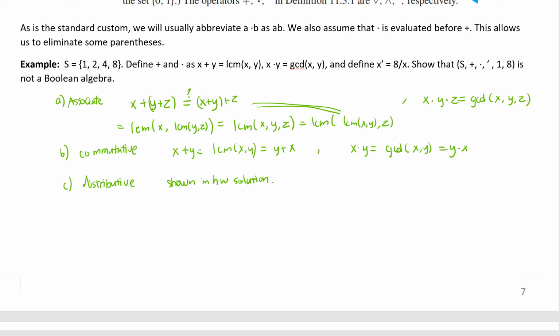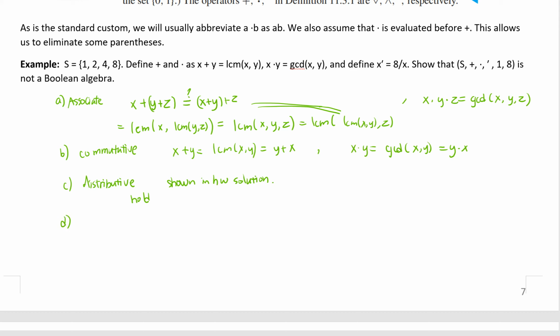So in this example, associative law holds, commutative law holds, distributive law also holds. And I have written down the complete proof in your homework solution. You have a homework similar to this problem. Try to work on it first, and then you can look at the homework solution. Okay? And then let's go ahead.